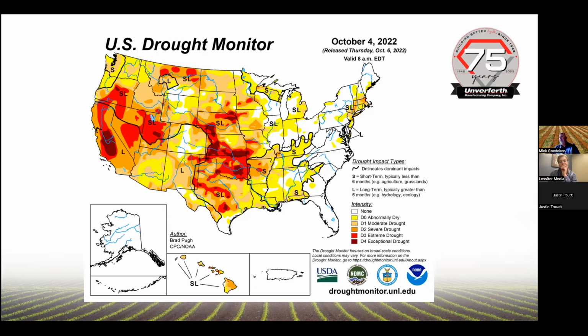So if we look at October 4th of 2022, the Western United States was in deep trouble. They had a lot of drought. California was suffering a lot of drought, and then over the winter they got to make things up. The central U.S., South Dakota, Nebraska, Kansas, Oklahoma, and into Texas, a lot of drought in those areas.